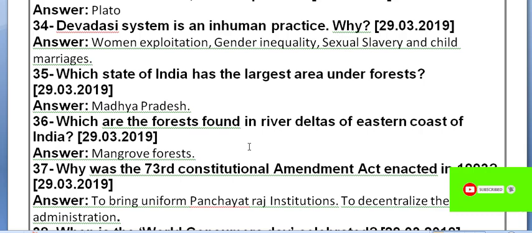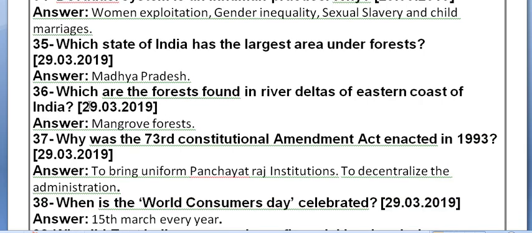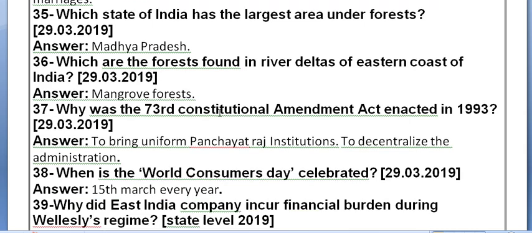Which state of India has the largest area under forest? Madhya Pradesh. Which type of forests is found in river deltas of the eastern coast of India? Mangrove forests. Why was the 73rd Constitutional Amendment Act enacted in 1993?